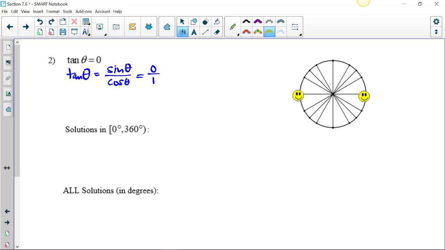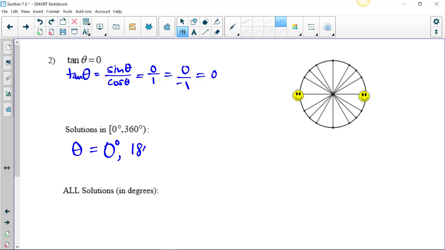Okay, so if we're going to give solutions in degrees between 0 and 360, it's basically one trip around the unit circle. And as I said earlier, this could be 0 over -1, which would come out to be 0. All right, so we could say that theta is 0 degrees or 180.